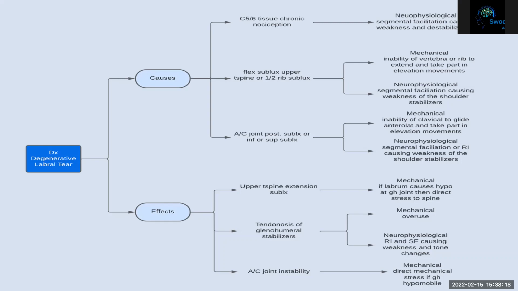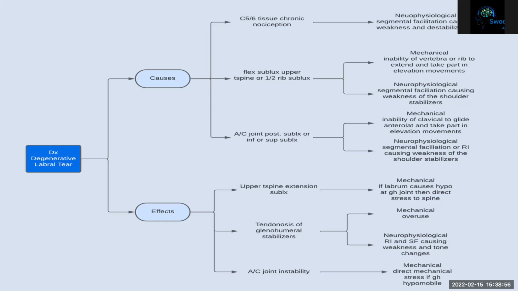It can cause flexion subluxations of the upper T spine, and the upper T spine flexion subluxations can cause degenerative labral injuries. The same goes for the first and second upper ribs, because when you elevate your arm, retract your arm, or any of this stuff, these joints have to be able to extend to take part in the whole process of elevation. The faster these movements occur, the more ballistic that is, the more chance there is of damaging the labrum. So throwing athletes and so on, but anybody who's repeatedly bringing their arm up overhead fairly rapidly.